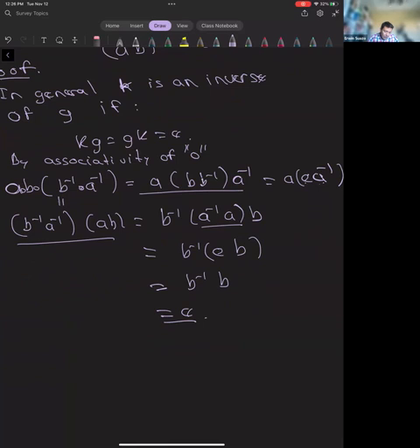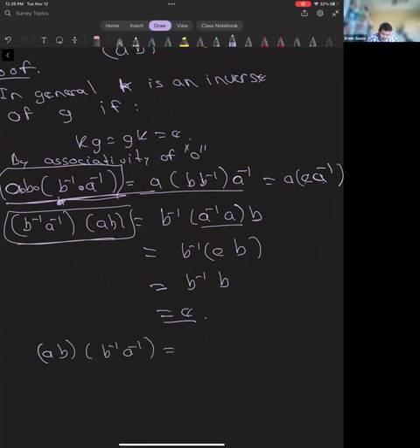So we have proved AB times B inverse A inverse equals identity, and similarly B inverse A inverse AB equals identity, as we wanted.